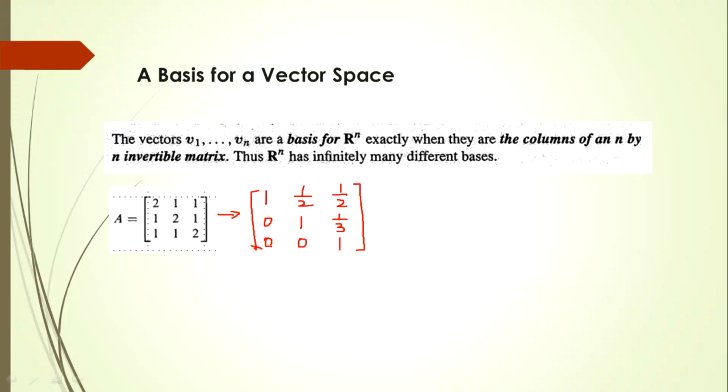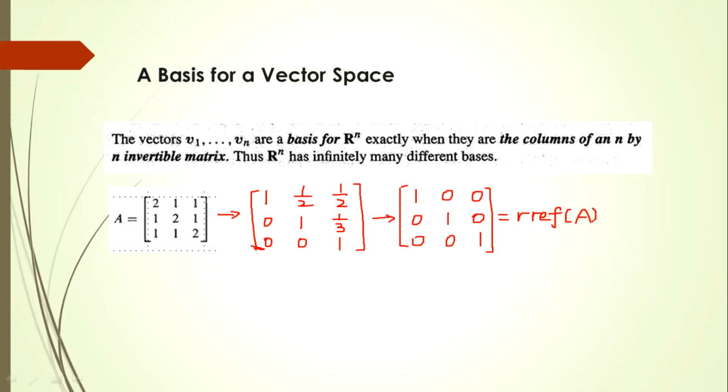If you perform the elimination again, then you can reach the RRE form for matrix A, which is I3.